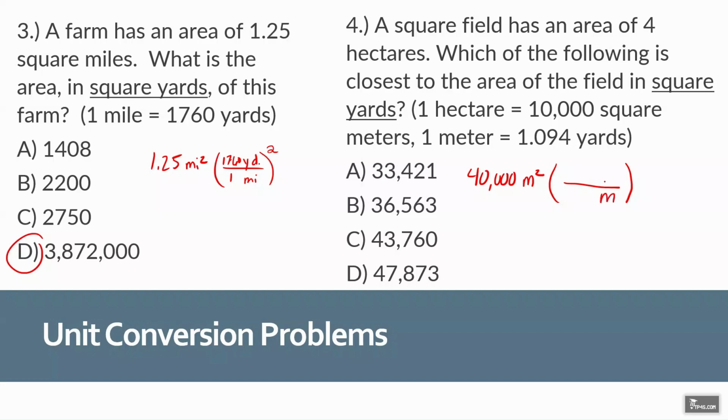So we're getting rid of meters. We're bringing in yards. 1 meter is 1.094 yards, but I got to square it, right? So that I'm working in square units, square that conversion factor. All right, put this in your calculator, 40,000 times 1.094 squared. And your calculator is going to tell you that is this number D, 47,873.